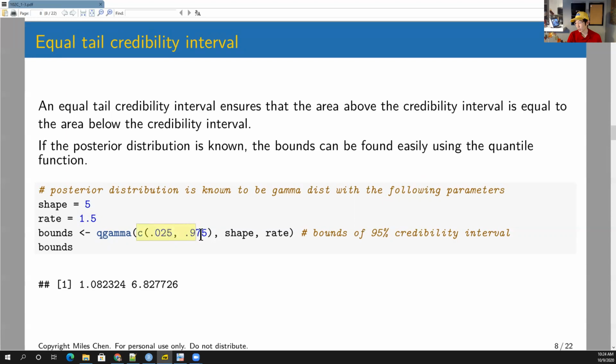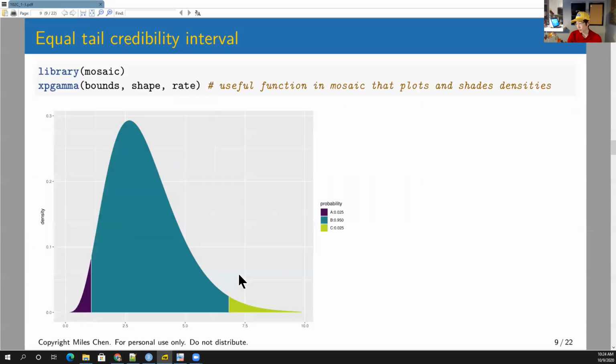The bounds are going to be 1.08 and 6.827. The gamma distribution is this skewed thing, and you would find the bounds using qgamma. Because we want the middle 95%, we want 2.5% below and 97.5% above. And when you plot this, it looks like this.